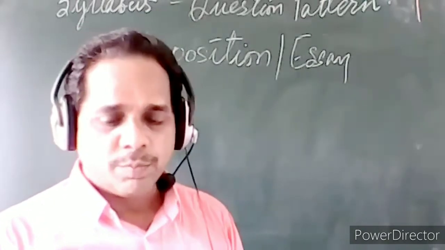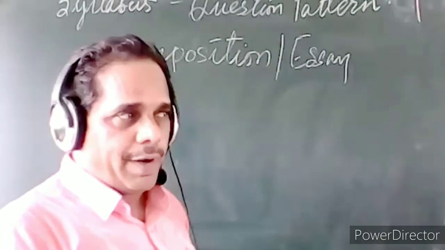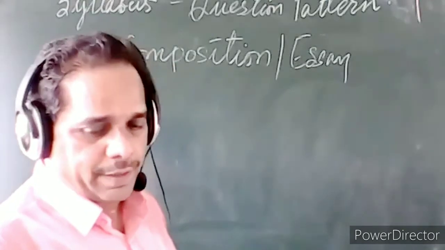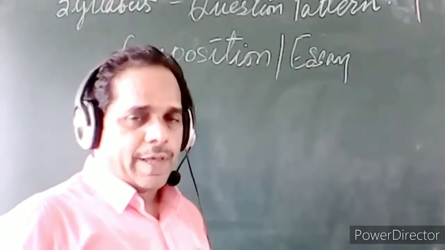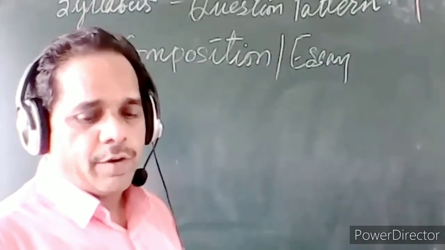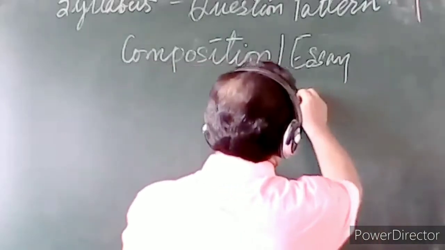So you need to write more. Earlier it was 400 to 450 words. Even in some of the books they give 400 to 450 because that was the original thing. Now, since the marks have been reduced to 20, you need not write 400 to 450, but you have to write 350 to 400 words.